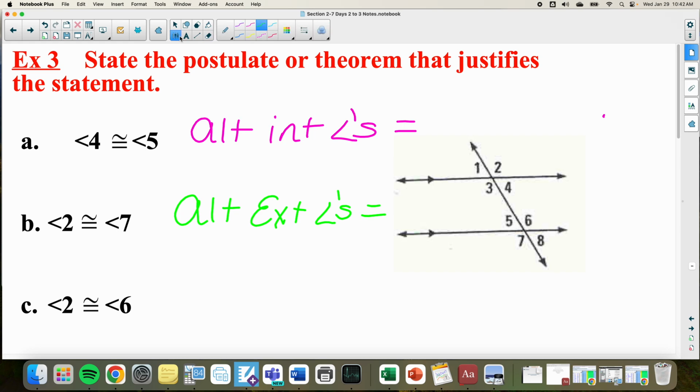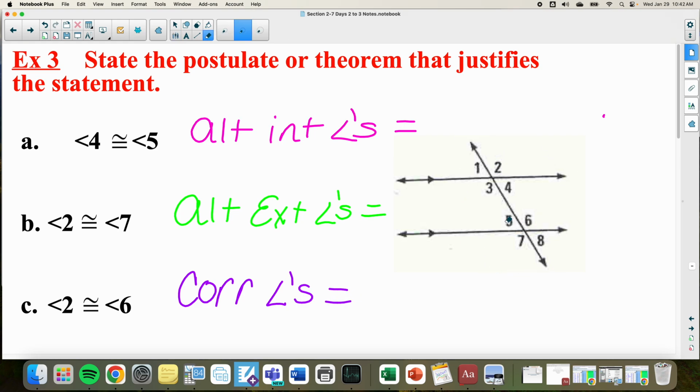The next one is asking us for 2 and 6. They're saying those are congruent. What kind are 2 and 6? Corresponding. Yep, so we can just say corresponding angles equal.